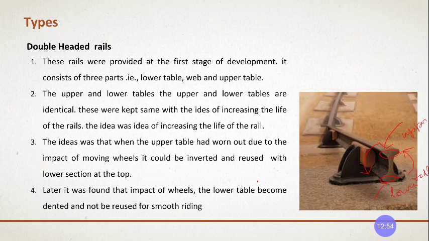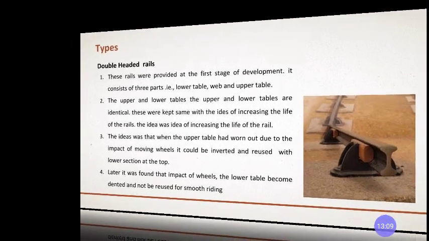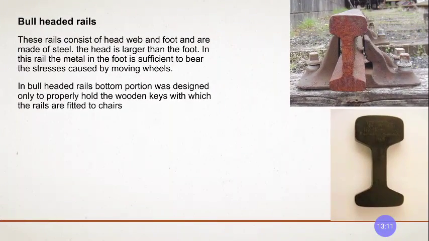So it was not useful. Because this was not successful, we went for a new type of rail, that is the bull-headed rail.